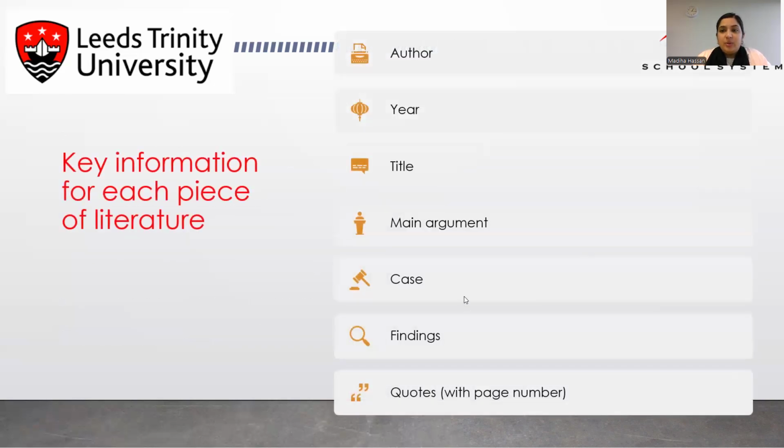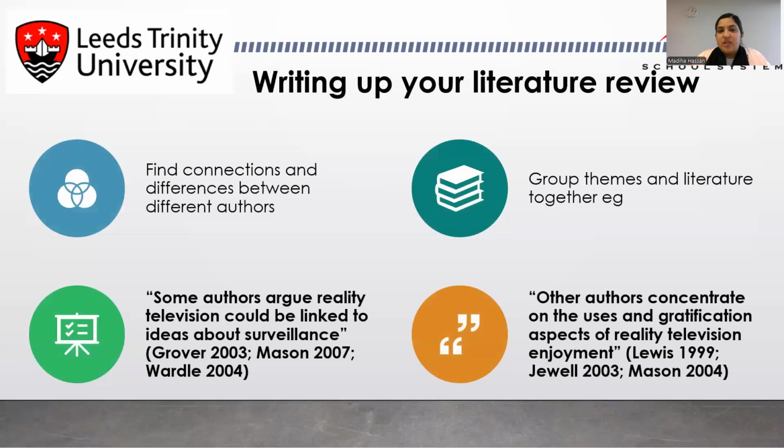Key information when you are looking at the literature: you need to see who is the author, year of publication, title, main argument, what is the argument saying, case, findings, and then quotes with the page number. So these are the first-hand information that you have to collect. Then come towards writing it. When you are writing it, find connections between different authors.